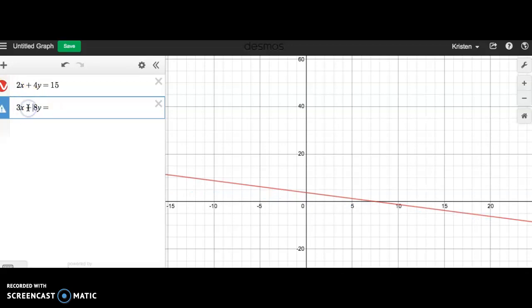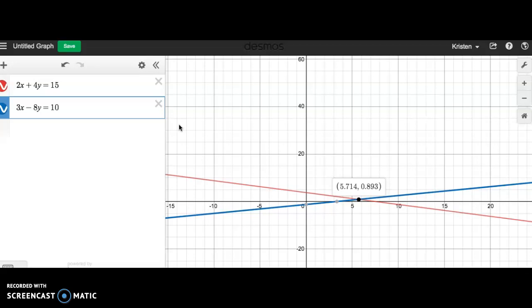I'm going to make this minus. Remember that the thing you're looking for is the intersection. So that's what I would be looking for if I'm looking for a solution. If they don't intersect, they're parallel. If they do intersect, they have one solution. And if it's the same exact line, then they have infinitely many solutions.